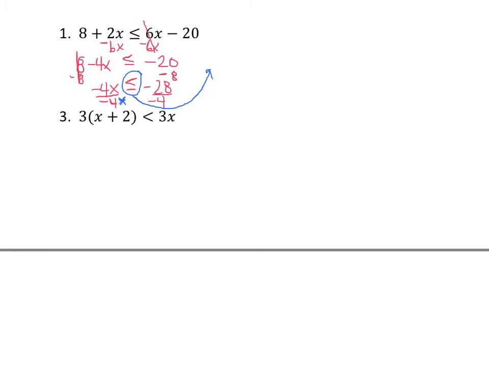So it's not going to be a less than or equal to, now it's going to be a greater than or equal to. Now negative 4 divided by negative 4 cancels, so I only have that x left on the left side. And then on the right side I have negative 28 divided by negative 4, well that gives you 7. So I have x is greater than or equal to 7.